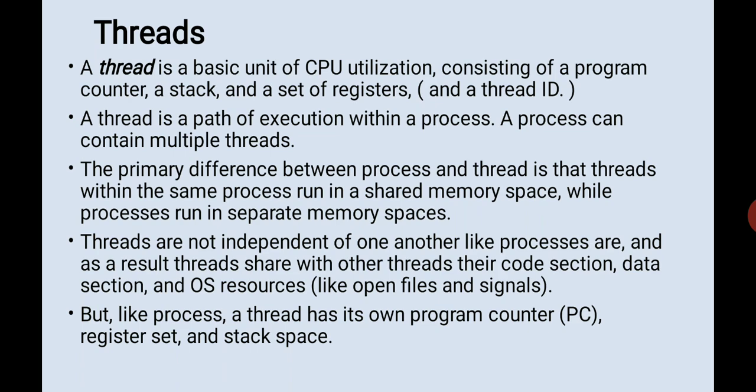They will not have different memories. They share their code section, their data section, their open files, right? So threads are not independent of one another like processes are, and as a result threads share with other threads their code section, data section, and OS resources. But like a process, a thread has its own program counter, register set, and stack space.